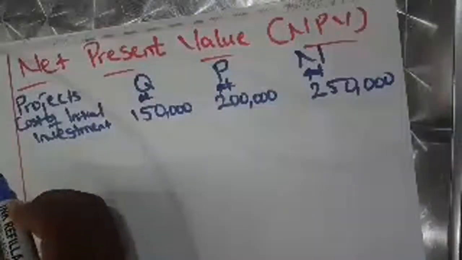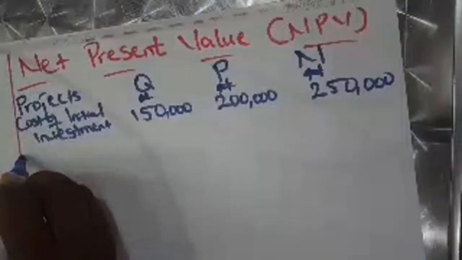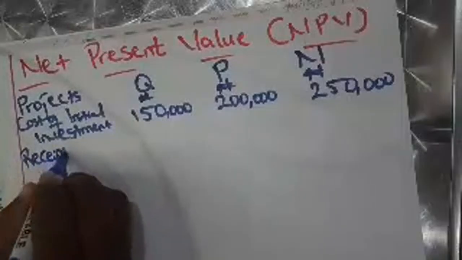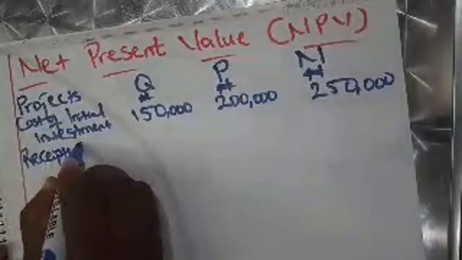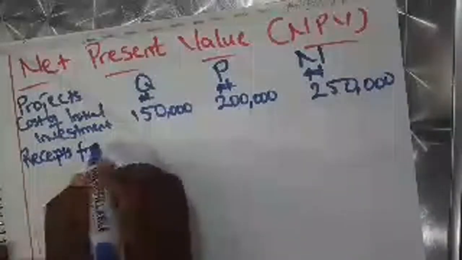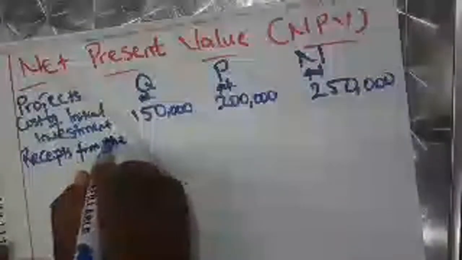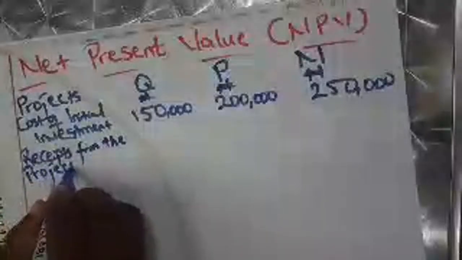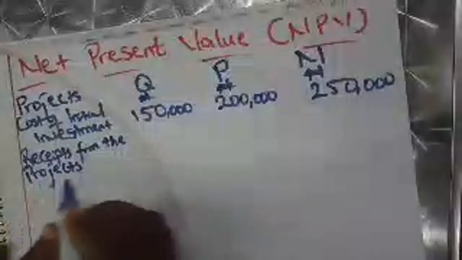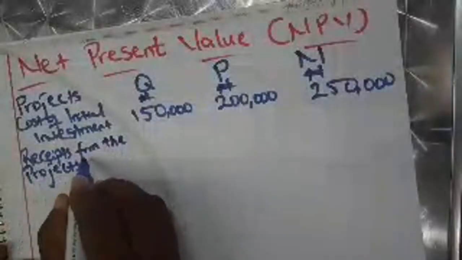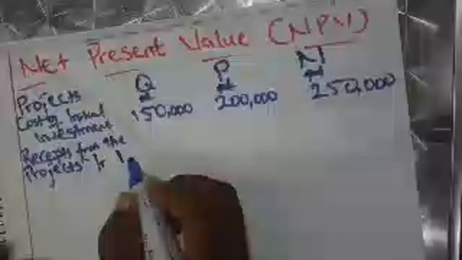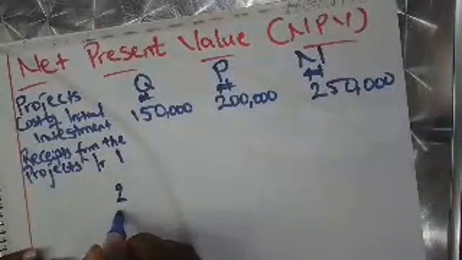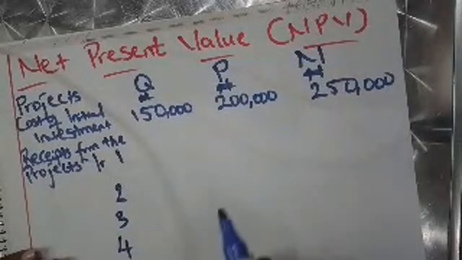So what they expect from the different projects, the receipts from the projects, year one, year two, year three, and year four.